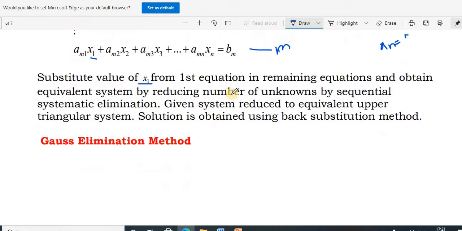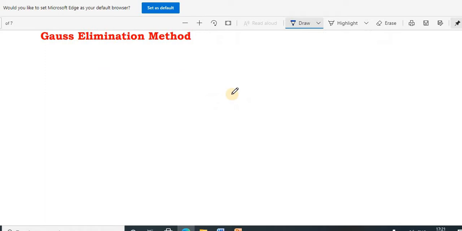Okay, so let us see one example. What is Gauss elimination? Suppose I have a system of two equations in two unknowns: 2x plus y is equal to 5, and the second equation x minus y is equal to 1.